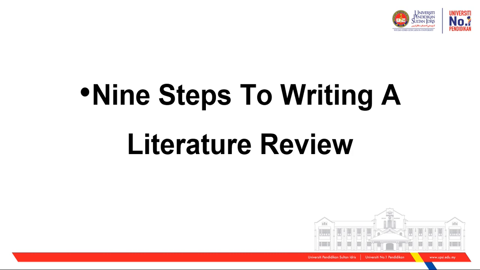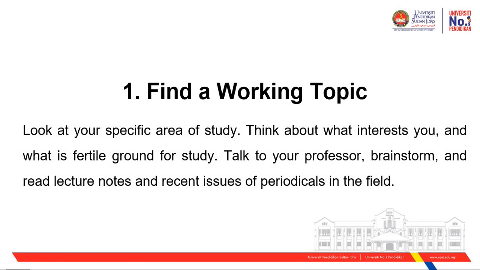Here I just share with you the 9 steps, so that you know there is actually a guideline, but it's up to you whether you totally want to follow the steps or do it your own way or follow the tips that I will give you later. So just briefly, I read the 9 steps to writing a literature review.